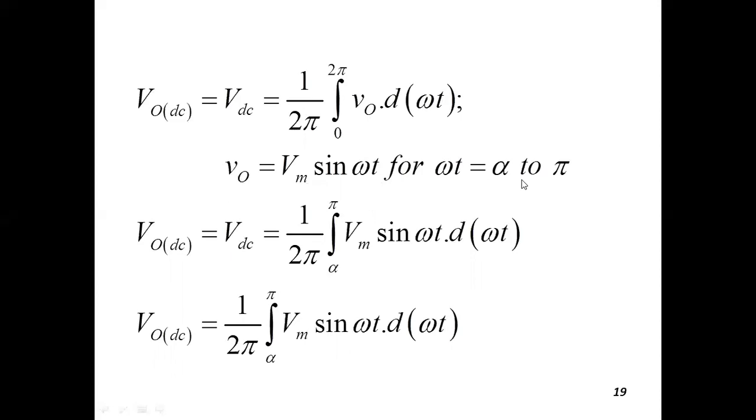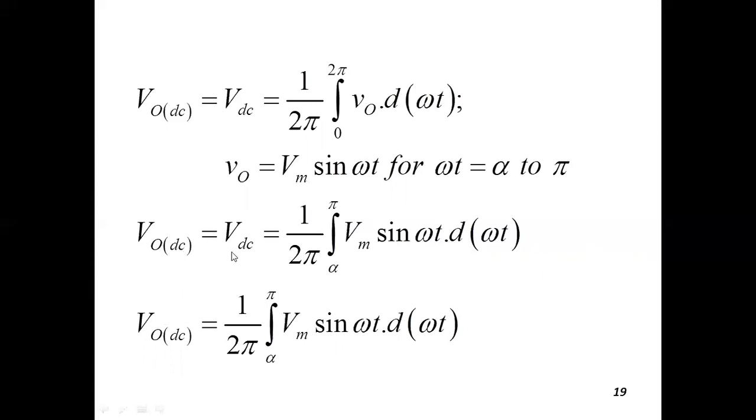Therefore, we consider only the interval alpha to pi, in which we get the output voltage across the load, V naught equal to Vm sin omega t. So V naught is Vm sin omega t for omega t from alpha to pi.